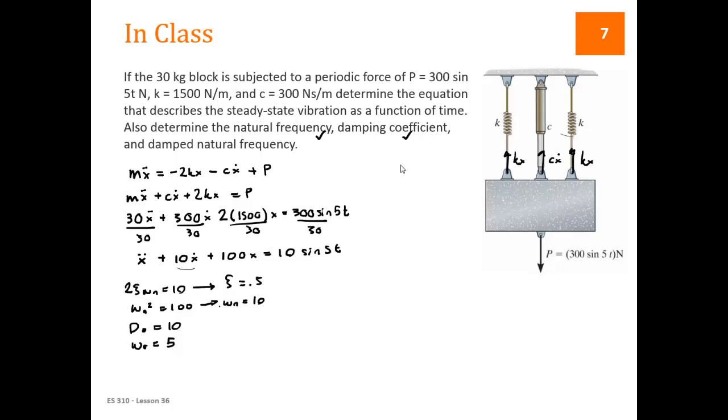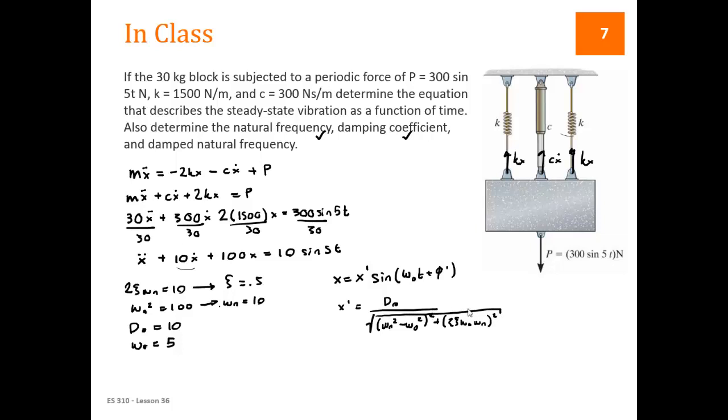Alright, so let's write the steady state vibration. That was x is equal to x prime sine of omega naught t plus phi prime. X prime, the expression is d naught divided by the square root of omega n squared minus omega naught squared, plus 2 zeta omega naught omega n, whole thing squared.